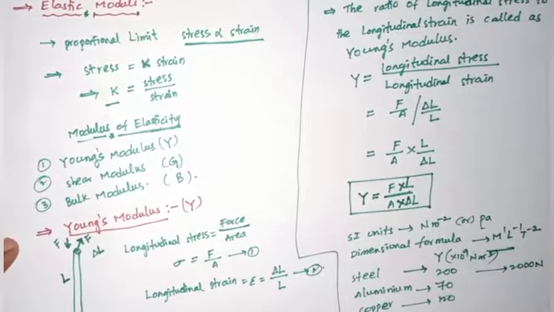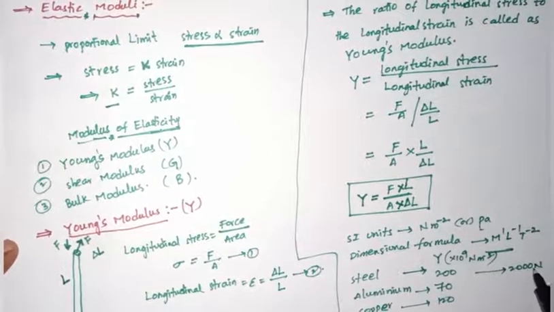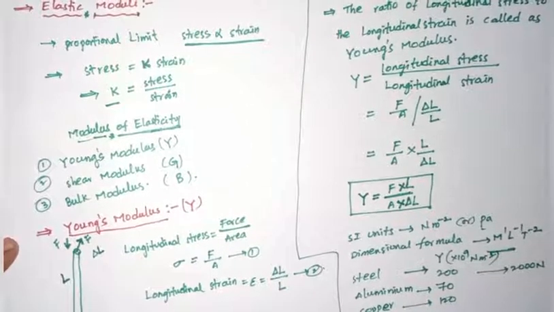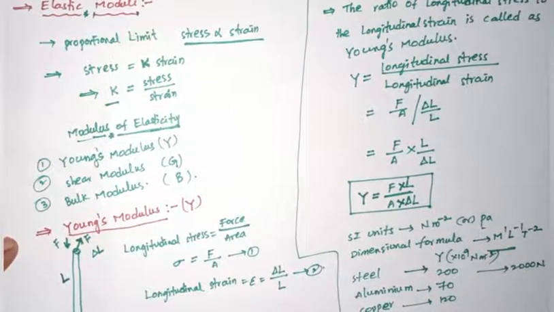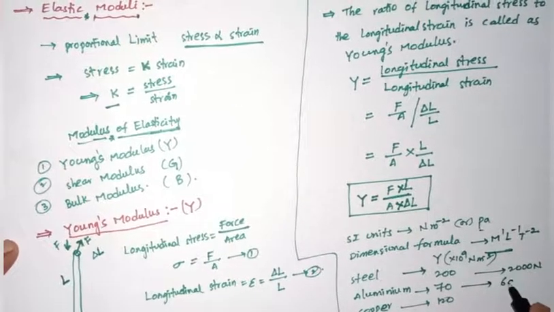Then the force required for steel is 2000 newtons. For aluminium it is 690 newtons. So aluminium is only 690 newtons.